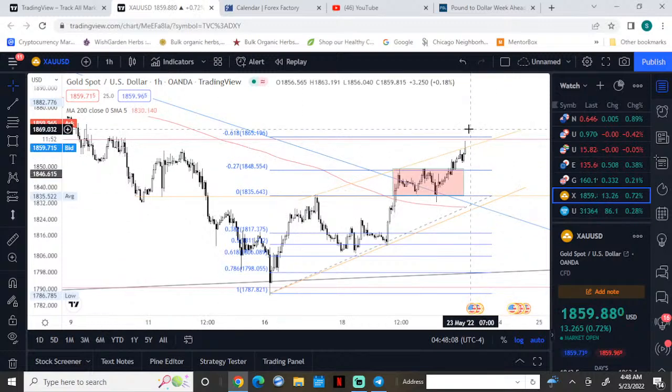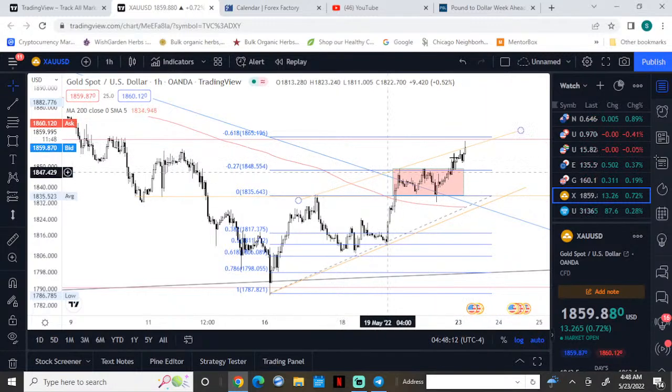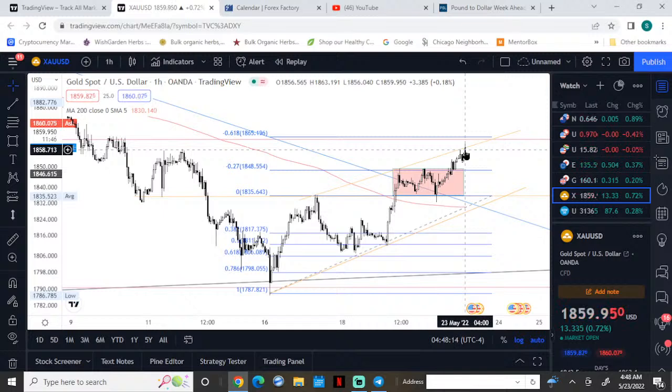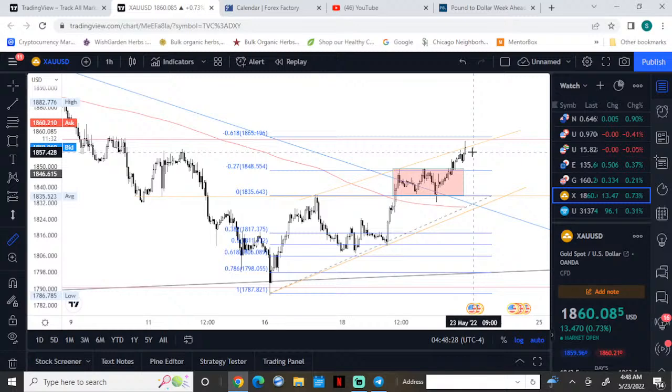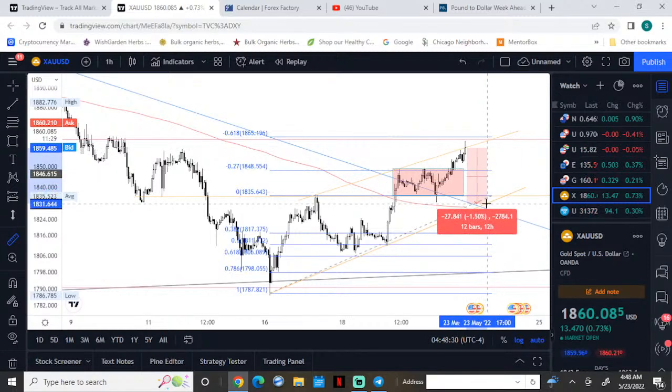Gold came to that 618. And it looks like it's closing below this trend line, and we do have a channel. I would like to see it come back down and test this. That would be beautiful.